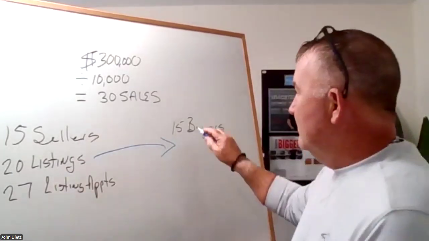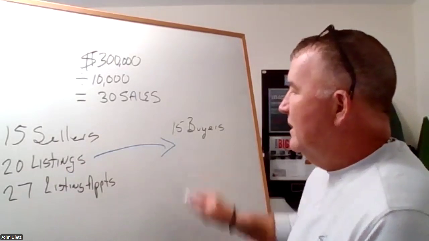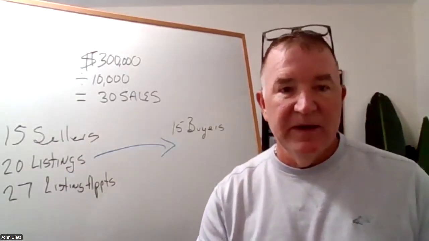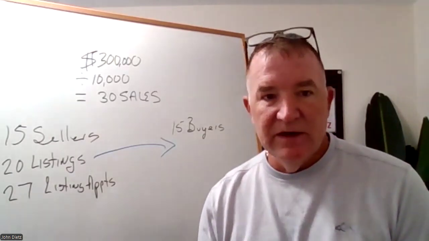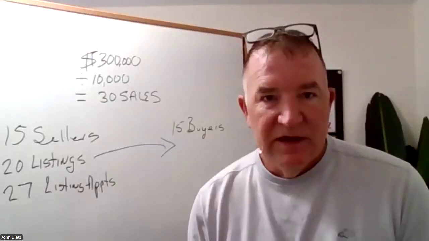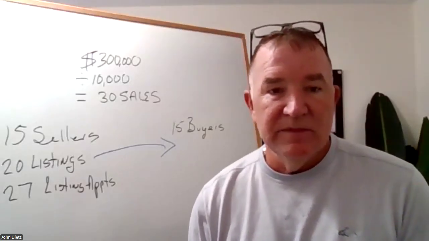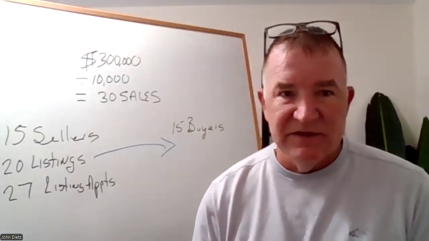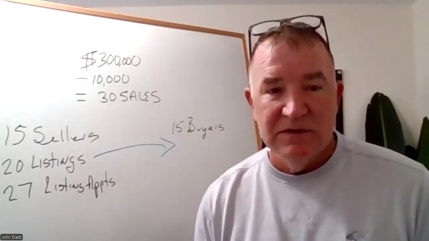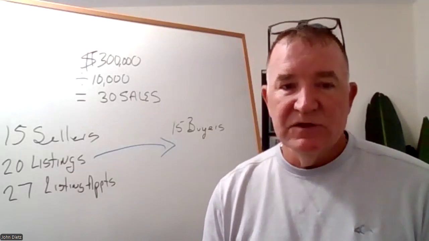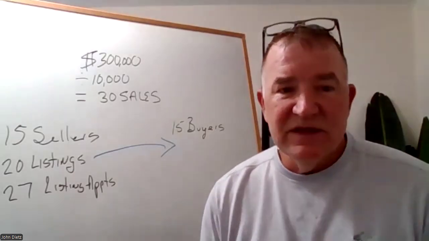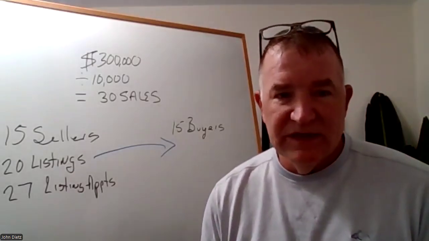Now, the ratio from an exclusive buyer agency agreement to a buyer closed is going to be higher than 75%. That should be closer to probably around 90%, because if somebody agrees to work with you and they're ready, willing, and able to buy, and they sign an exclusive buyer agency agreement, at least 90% of those should go to closing.